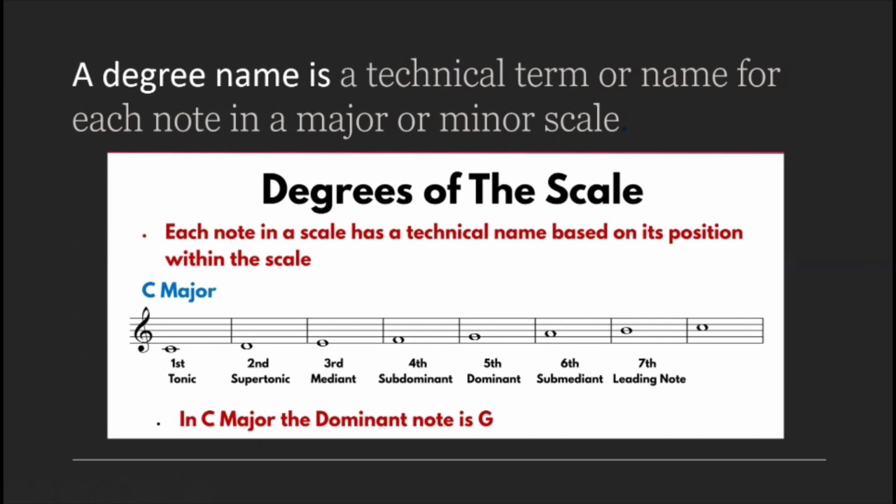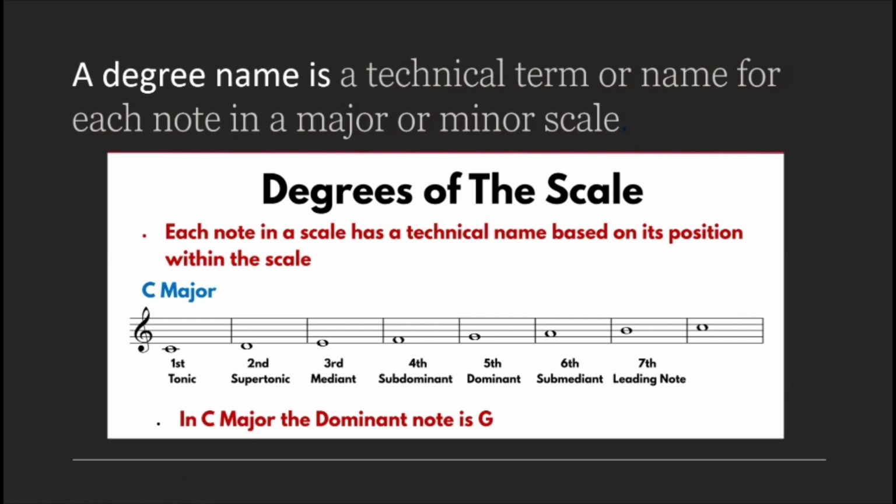So you need to know that the first note of a scale is the tonic, the second supertonic, the third mediant, the fourth subdominant, the fifth the dominant, the sixth submediant, the seventh the leading note. And it is on these degree names that triads are built.